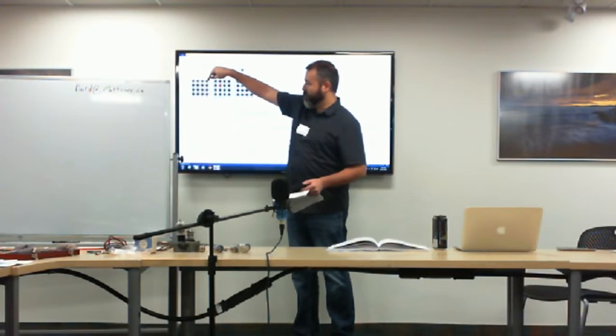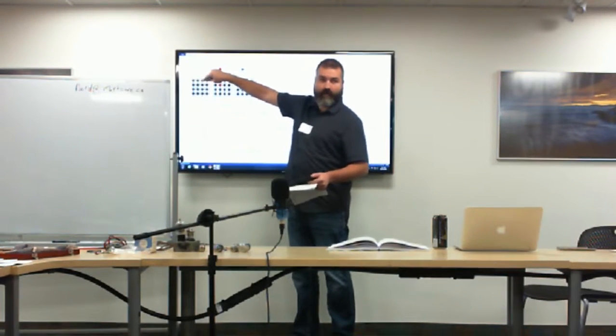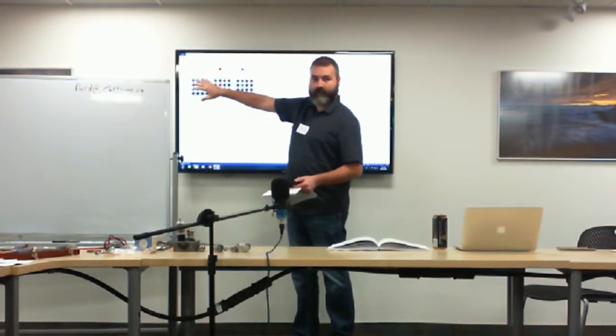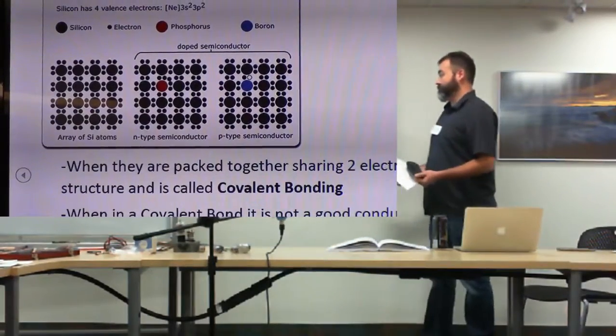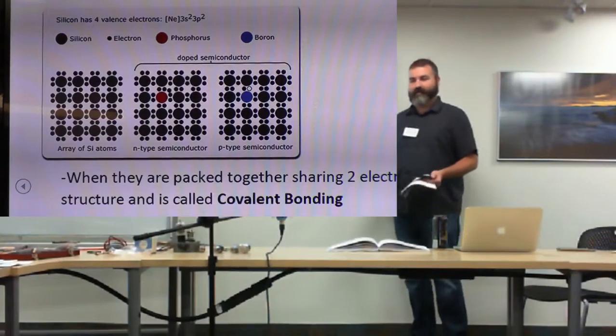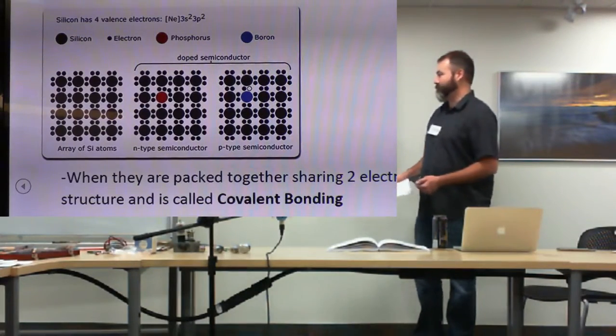Each one has 4, but when connected to the one beside it, they fill up and create 8. And when there's 8 electrons, it becomes very stable. The crystal becomes so stable that it becomes a good insulator. That doesn't sound like a very good way to conduct electricity or to make anything intelligent happen with it.